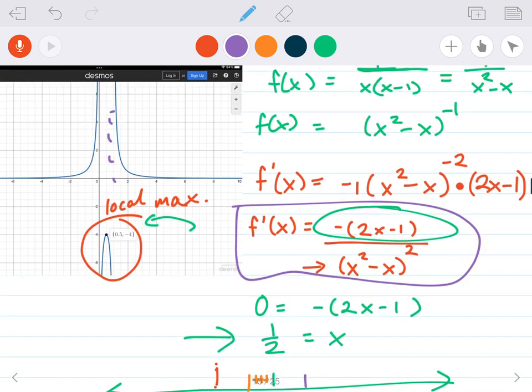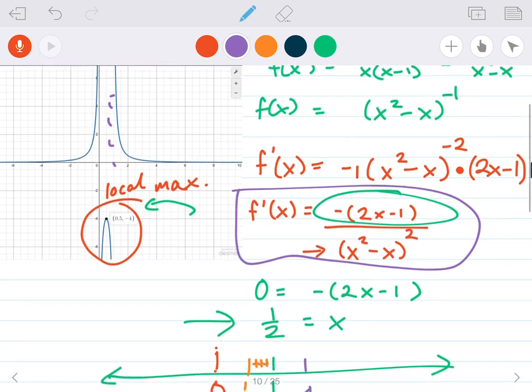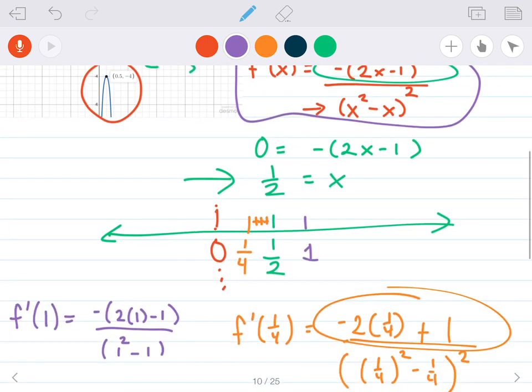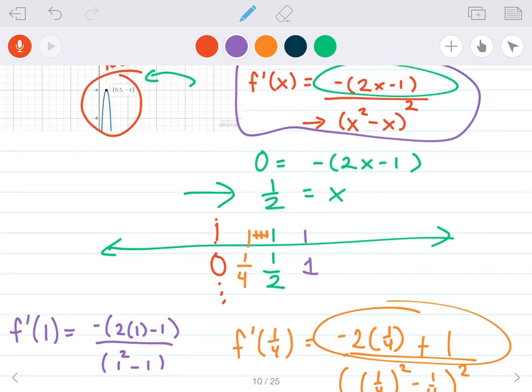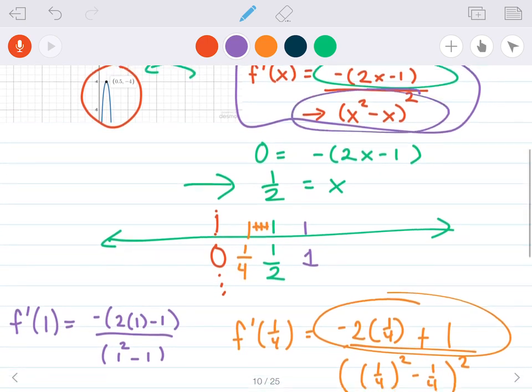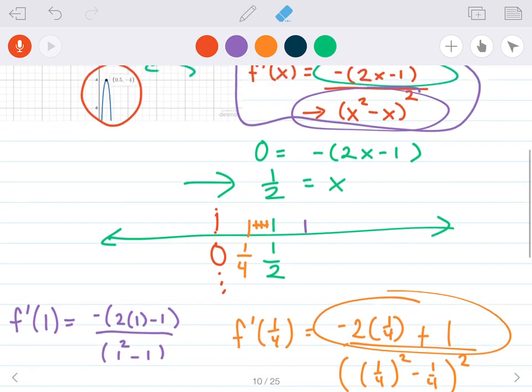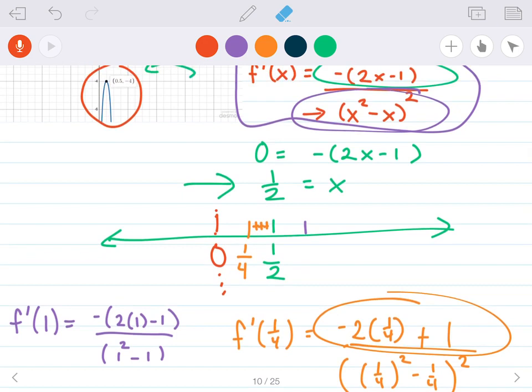Okay, so let's get even closer. Yeah, that's a problem, right? Because if we do 1 minus 1, we get 0 in the denominator. So let's get even closer to 1/2. How about, let's do 3/4.